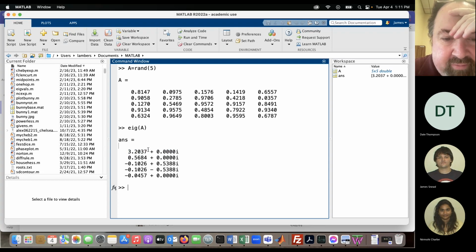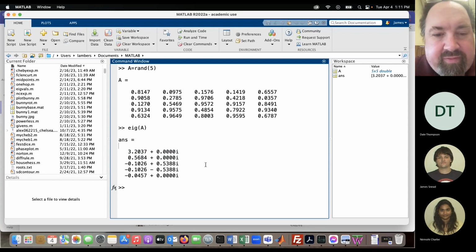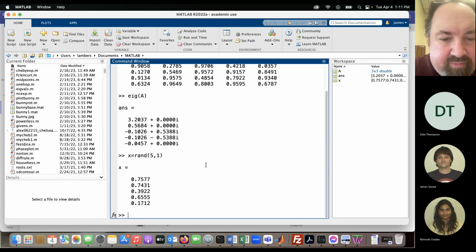It happens to be real. So I'm going to make a random non-zero vector. And then what I'll do is I'll say x is equal to A times x, and then I'll normalize it.